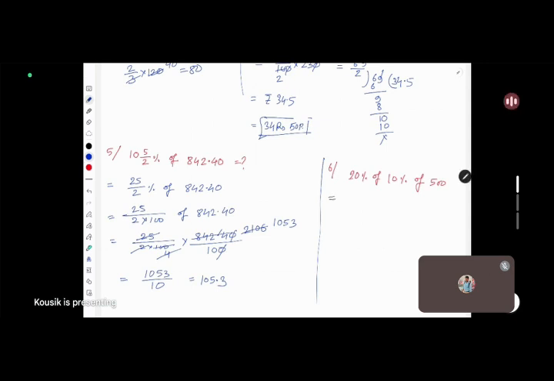20% of 10% of 500, দুবার অফ আছে। কত হচ্ছে? 20%। হ্যাঁ কত? স্যার 1। আচ্ছা ঠিক আছে দেখছি। 20/100 of 10/100 of 500.